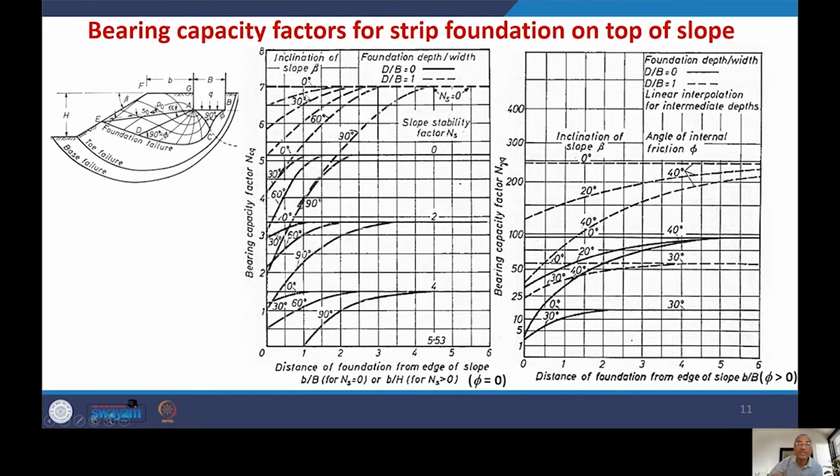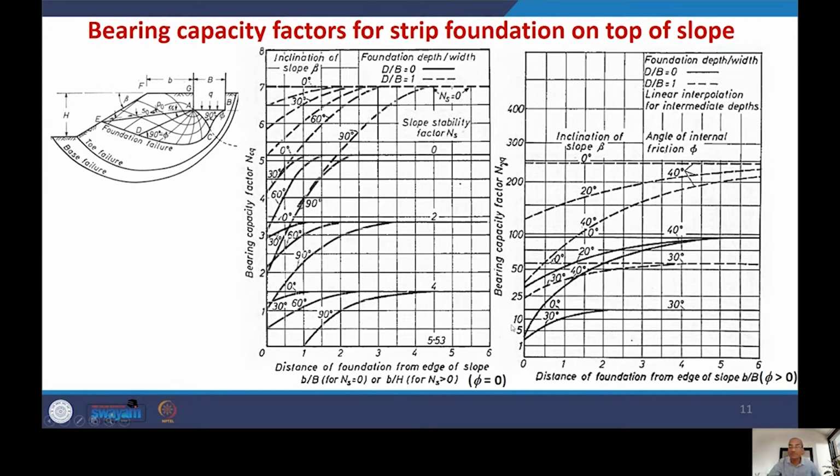Okay, so for the dotted line you could see 0 degree, 30 degree, 60 degree, and 90 degree. So these different curves are there. This was the inclination of slope, so according to it you can select whatever inclination of slope, and then bearing capacity factors can be determined from it.